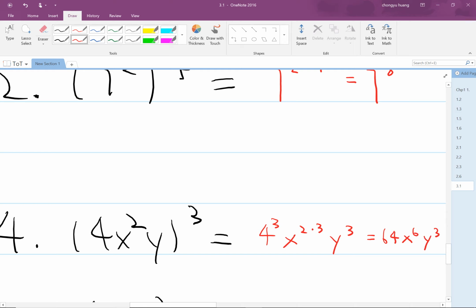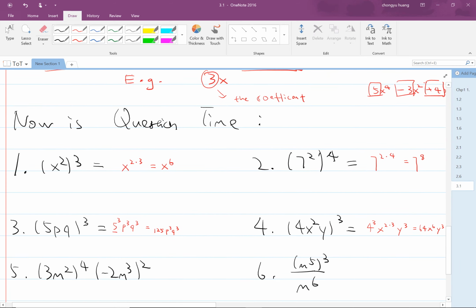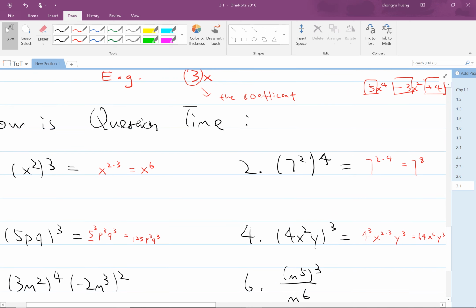So everything makes sense: 4 to the power 3 is 64, and 2 multiplied by 3 is 6, so 64 x to the power 6 y to the power 3. Okay, so we're done with question 3 and 4.